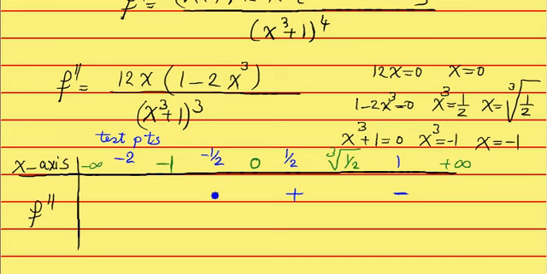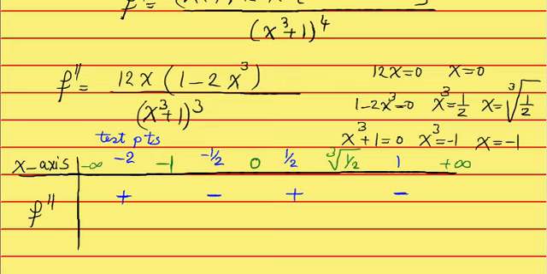So overall, I get negative here. At -2, negative, and positive. Is that right? So I get a positive number here. So our guess is right that the signs have to alternate.